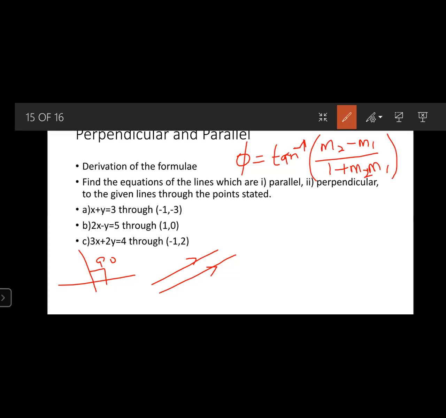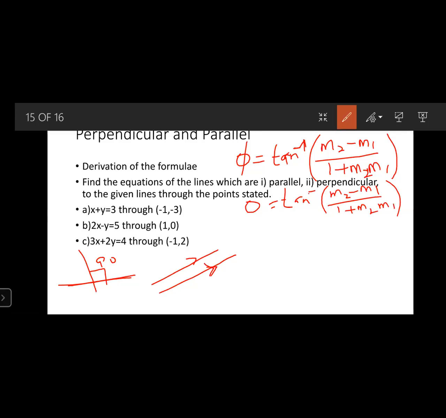So let's start with parallel. When they are parallel, it means the angle between them is 0. So the answer that we are supposed to get here when they are parallel is 0. So if 0 is equal to arctan of M2 minus M1 over 1 plus M2 M1.